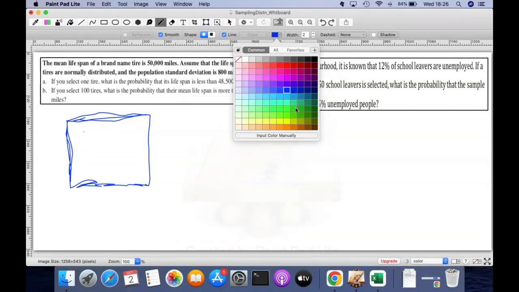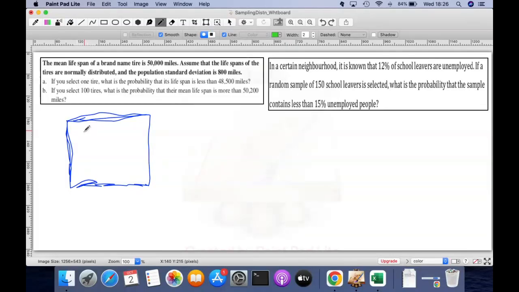Let's go with green. This green here, that's a tire within this factory. This is another tire, another Dunlop tire, etc. They make tires and they've got a whole bunch of them within their factory, as you would expect. You kind of get the idea. We'll do one more, and then we'll call it.